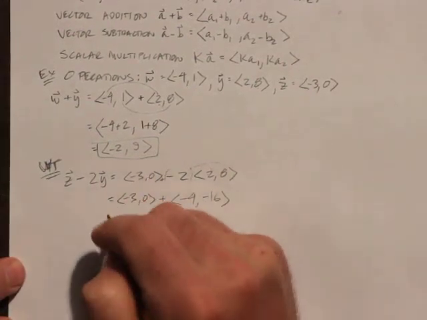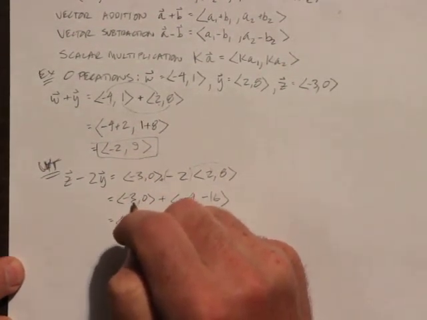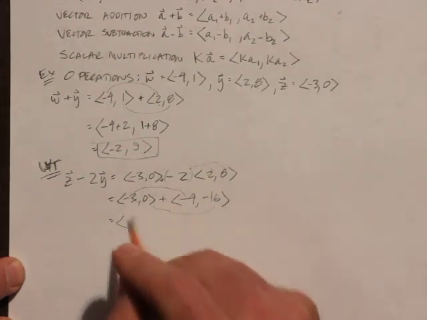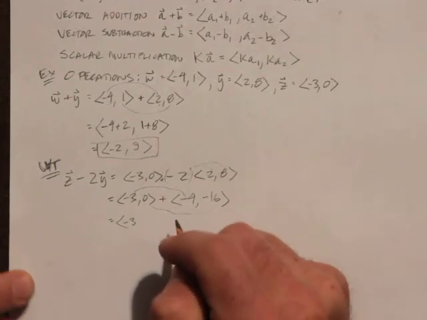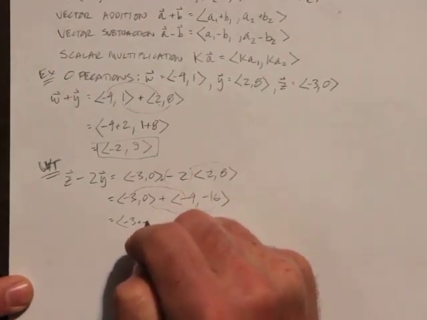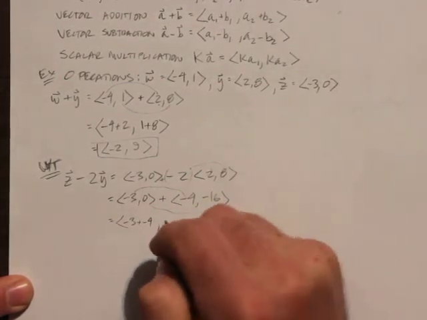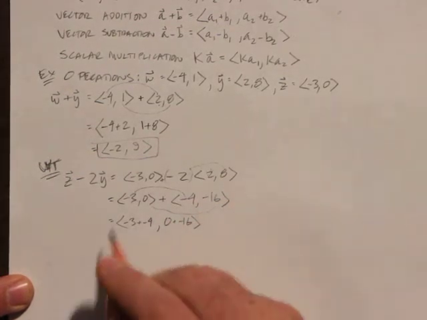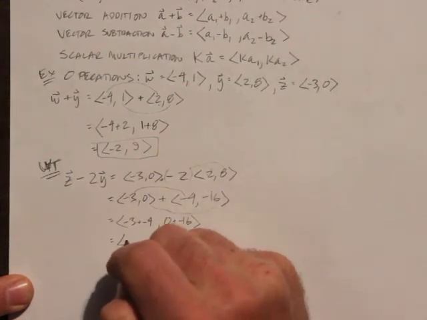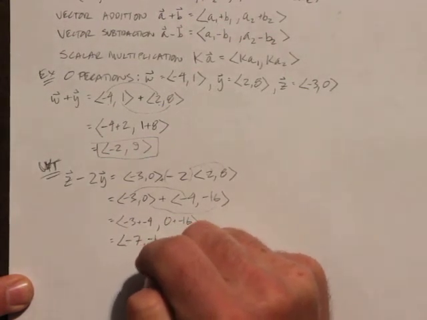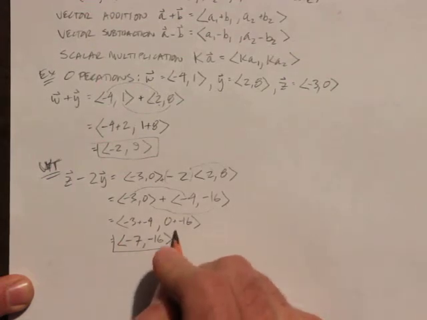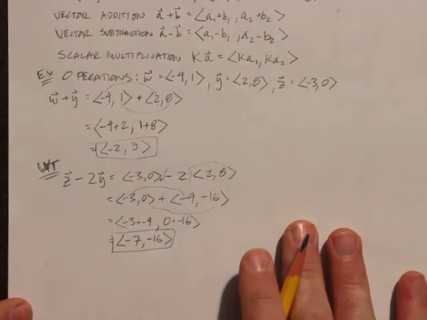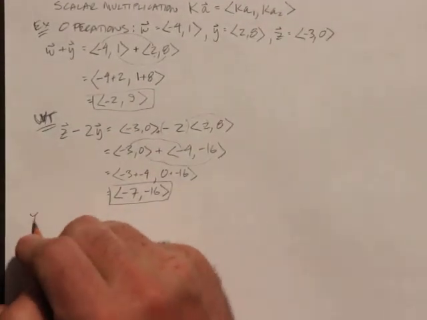Now I'm going to add these two and these two. -3 plus a -4, and 0 plus a -16. So that'll get me -7, -16. That's it.